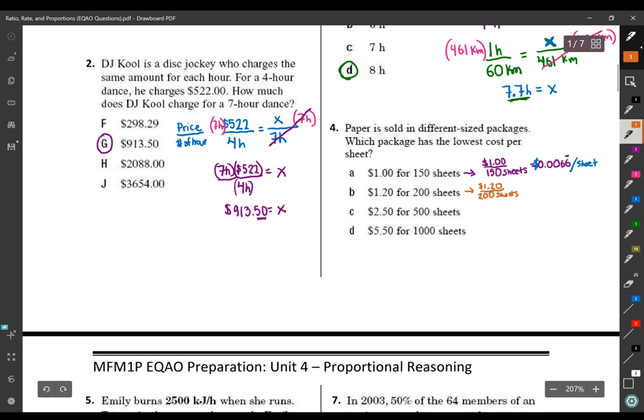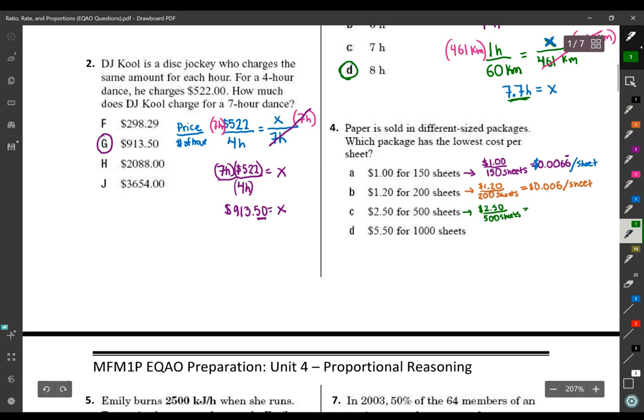Okay, so let's do that division and let's find the unit price there. So 1.2 divided by 200, that gives us 0.006 dollars per one sheet, per sheet. Okay, next one. $2.50 per 500 sheets.